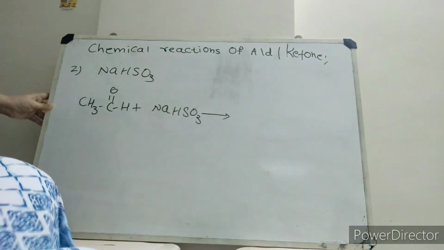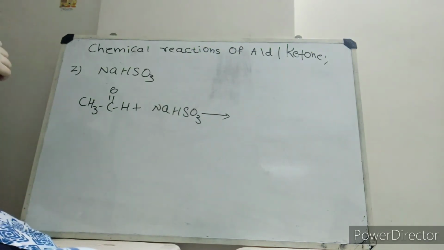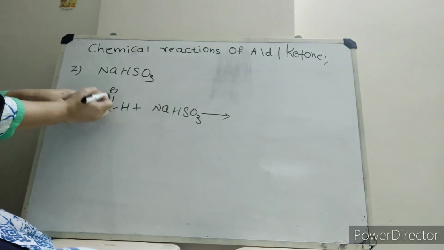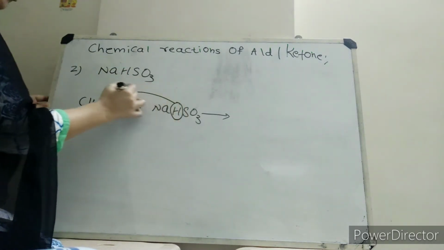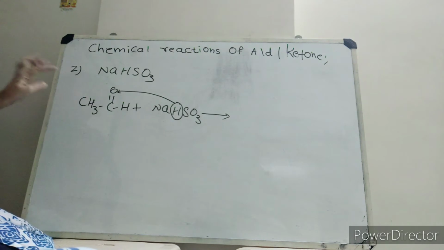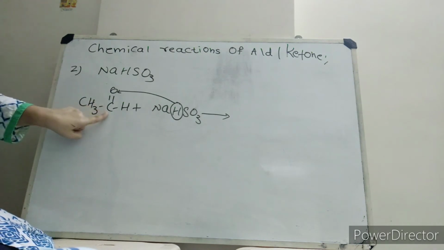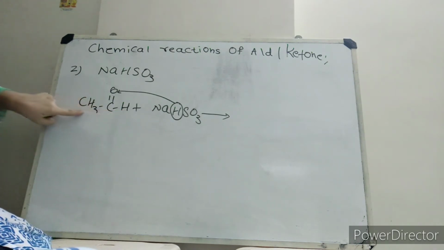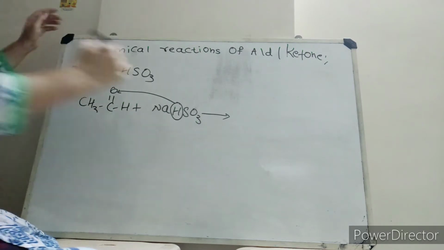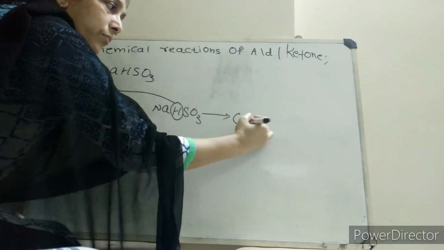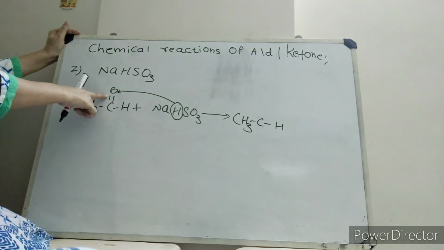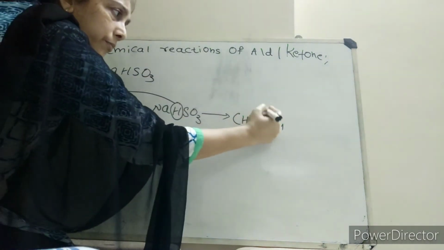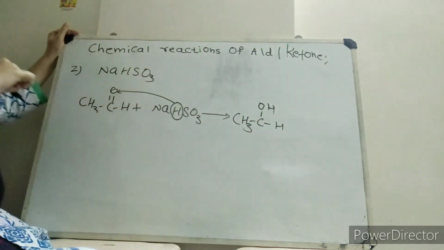Now in this case, how does the addition take place? Same thing, this double bond is removed to form a single bond, and this hydrogen is added to this oxygen. So CH3CH, all these three remain same. This double bond makes single bond and write OH.